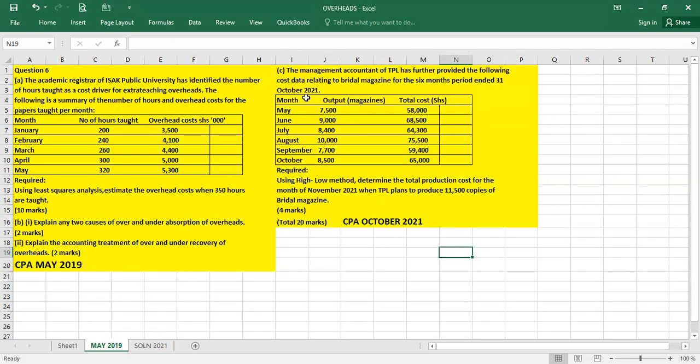So we've got the months, we've got the output in terms of the magazines, the number of units, then we've got the total costs.